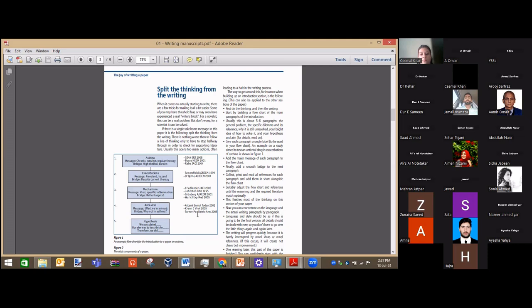I'll talk a little bit about references. Normally when we write an article, about 25 to 30 references are overall allowed by the journal. If you look at journals, I'll share the template with you.